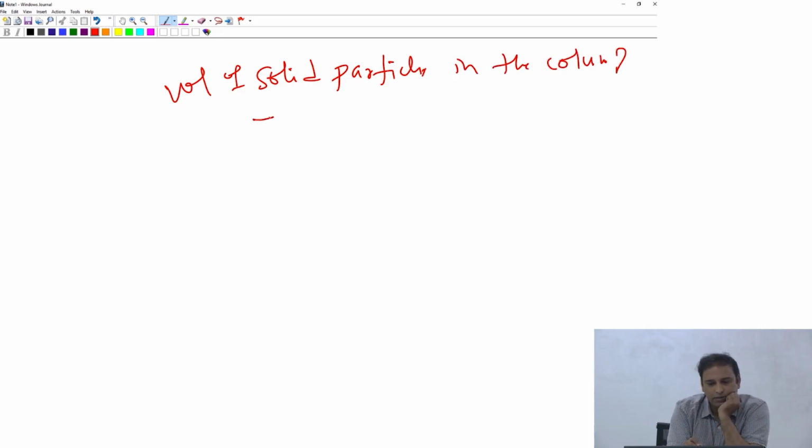It's going to be S naught, the cross sectional area, times L, which gives the volume of the packed bed. That multiplied by 1 minus epsilon gives the total volume of all the solid particles in the packed bed.